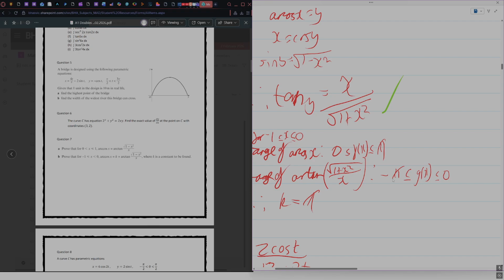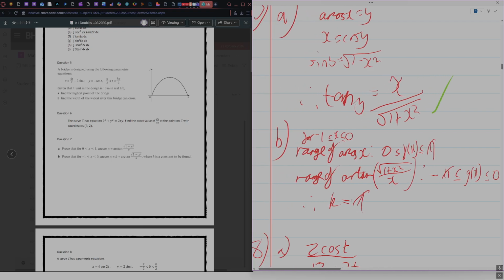The range of this function is -pi to 0. So if you want to just copy it over, you just have to add pi when it's negative. So these are only the ranges when x is from -1 to 0. When x is from 0 to 1, they're both the exact same. But when it's -1 to 0, this becomes the range of both the functions, which means you just have to add pi to be able to copy the function over.